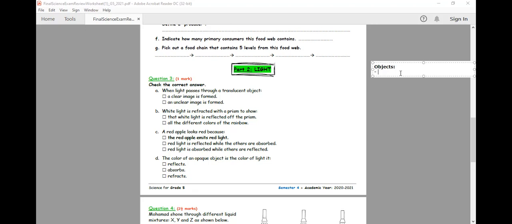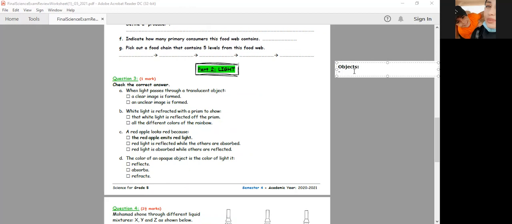Rasha, Hussein, Rena. Hussein Mughniye, are you here? An unclear image. Hussein Mughniye. Yes. Okay. What do we call objects that don't let light pass through them at all?